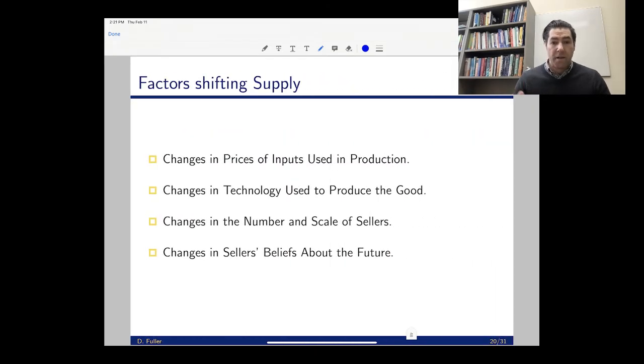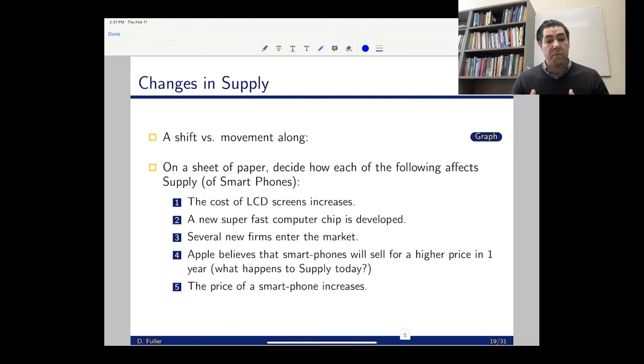Now, on the next slide, I've kind of broken these down into groups. Changes in the price of inputs, changes in technology, number of sellers, and changes in our beliefs about the future. So I'm going to switch to another document to kind of take each of these items in turn to understand how they shift the supply curve.